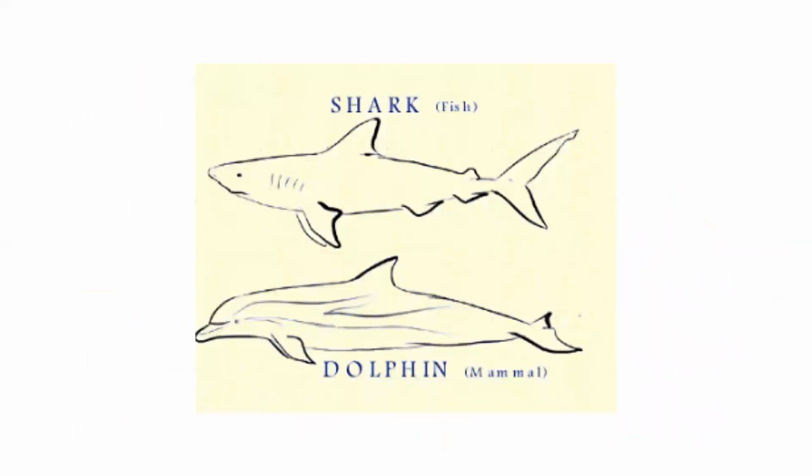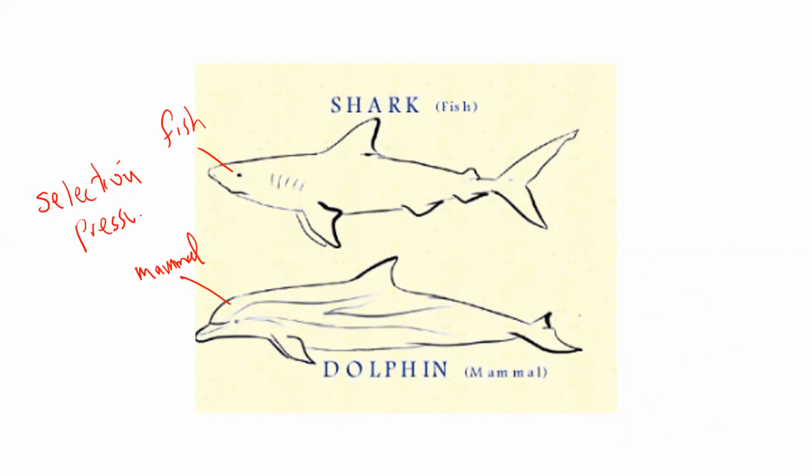Okay, so let's take a look at this. Is this convergent or divergent? It is convergent. A dolphin is a mammal. A shark is a fish. They look similar because of similar selection pressures.